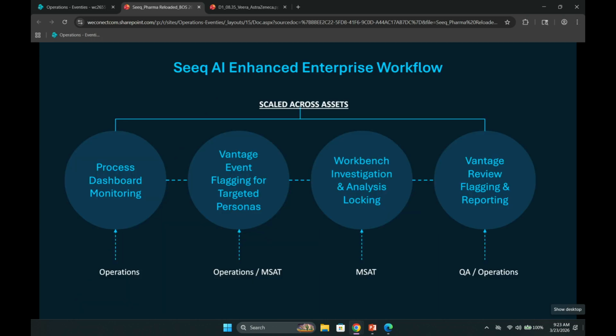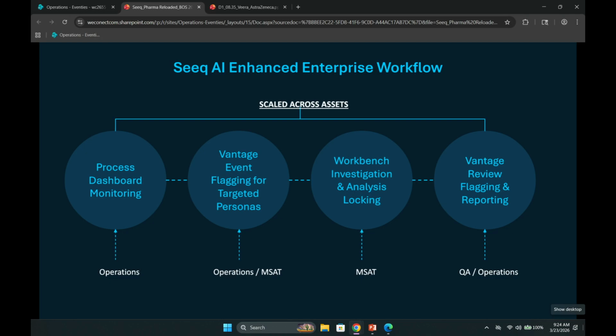And what does this look like when your workforce is actually interacting with Seeq? Well, it starts with your operations, interacting with a process dashboard monitoring tool so they have a real-time view of your assets, understanding they're in a qualified state. Then whenever there is an event, that leads into your MSAT team, really flagging those events, notifying the targeted personas of what has occurred in the exceptions.